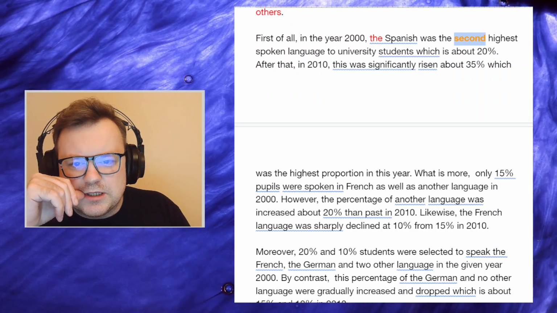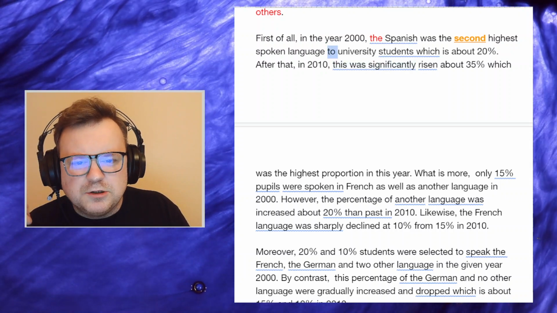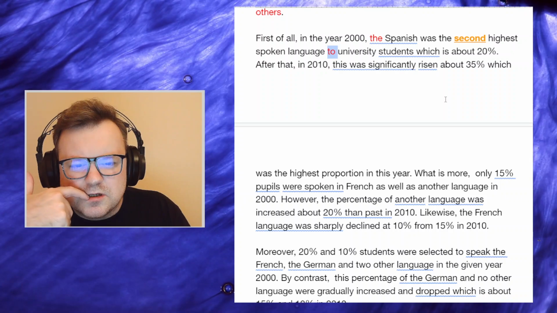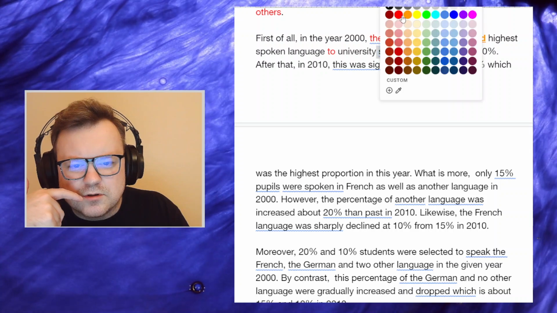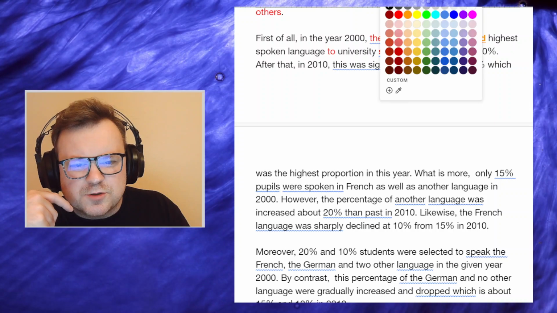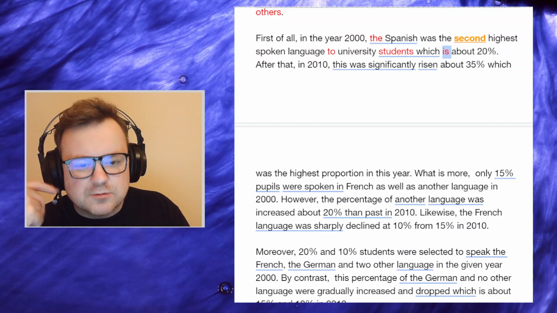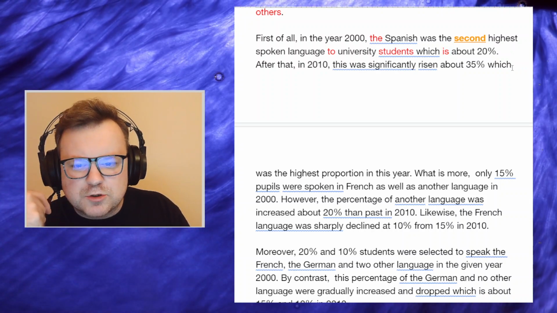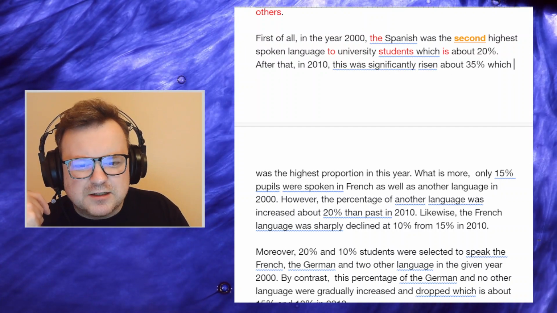Second highest spoken language to university, maybe among university students. Comma, so we need that comma there, which is about, not is, but was about. I know you're looking at the pictures now, but I still think, you're talking about 2000, let's use past time, which was about 20%. After that, in 2010, this was significantly risen.